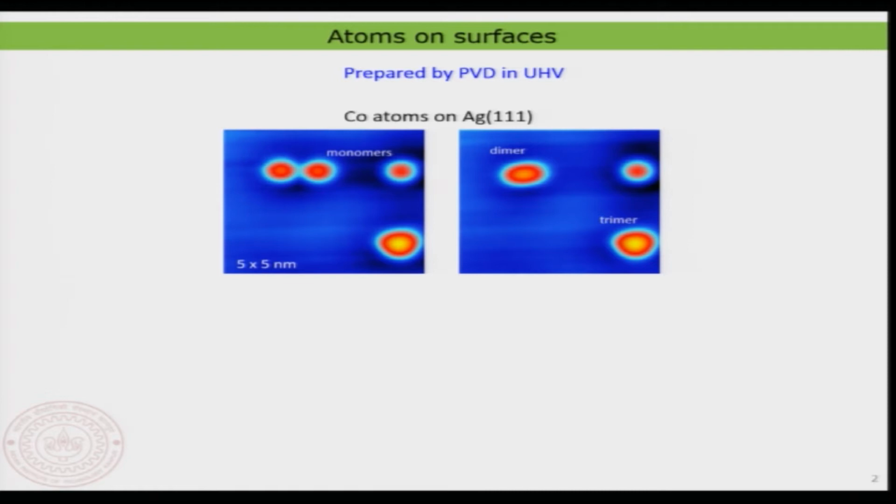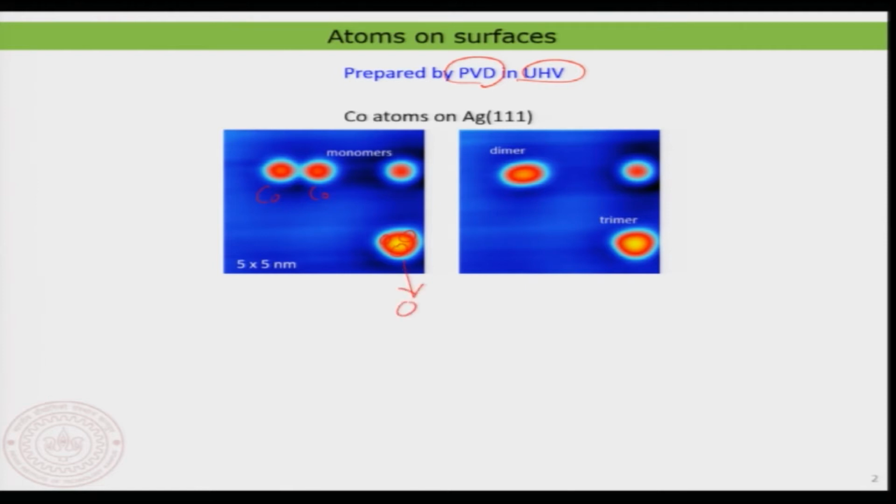Now, this here is actually a kind of physical vapor deposition. We are going to see, after a couple of lectures, what physical vapor deposition means. It is a simple evaporation method of an atom inside an ultra high vacuum chamber. What you are seeing here is isolated cobalt atoms, and this is a trimer of cobalt atoms.